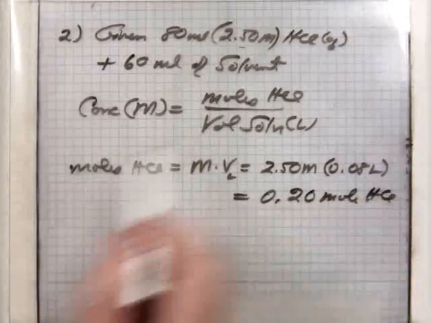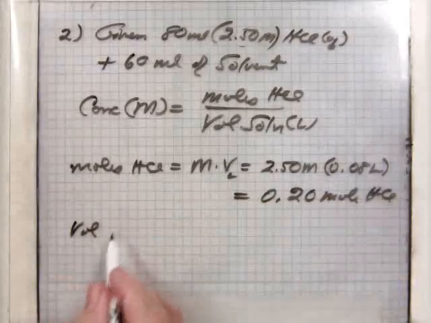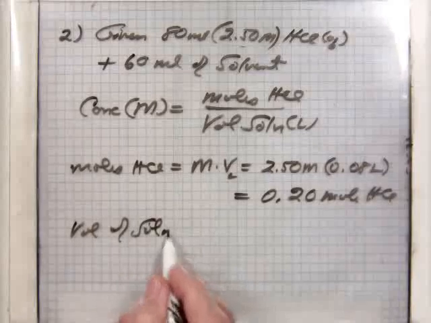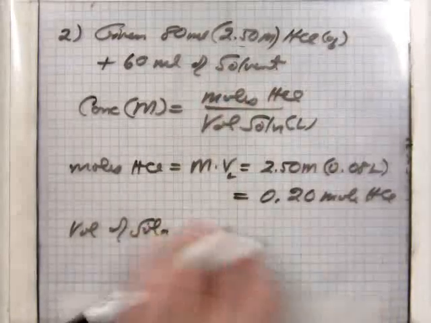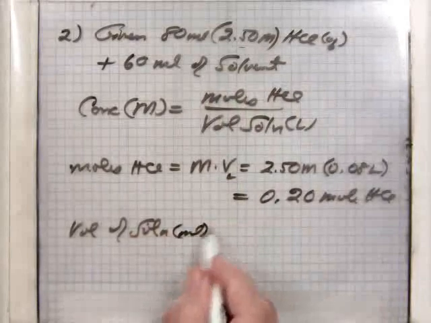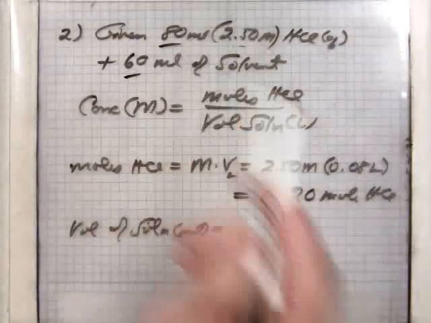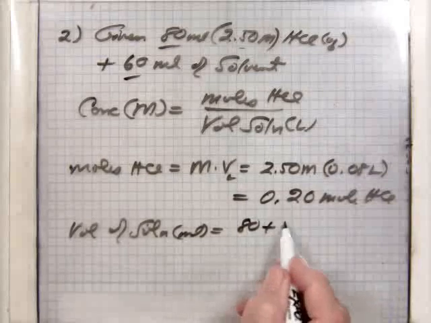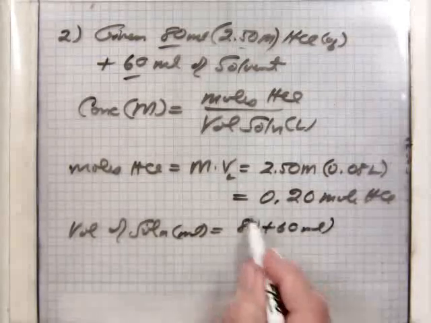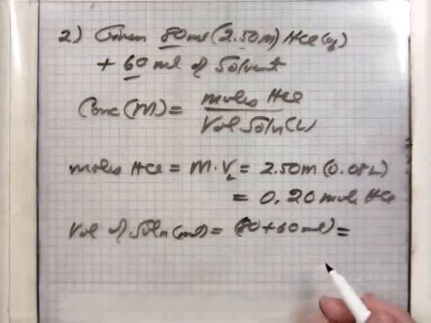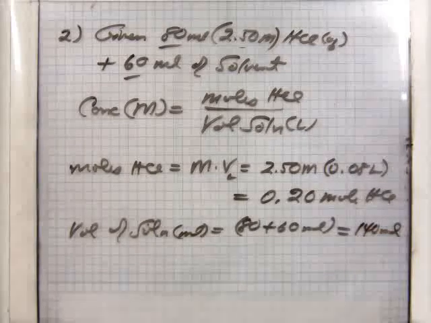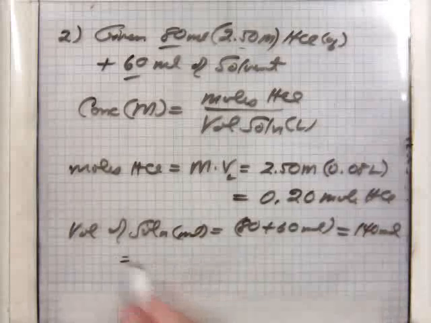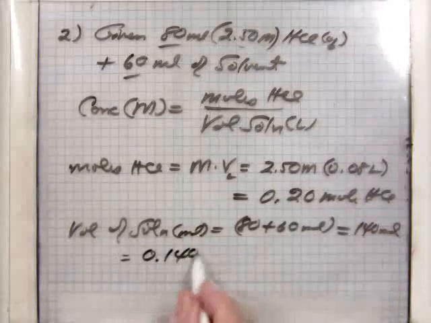Now the volume of solution in liters, well, let's just get the volume of solution in milliliters first, because what you're doing is taking 80 plus 60 milliliters, 140 total volume of solution. There's your total volume, which is now 0.140 liters.